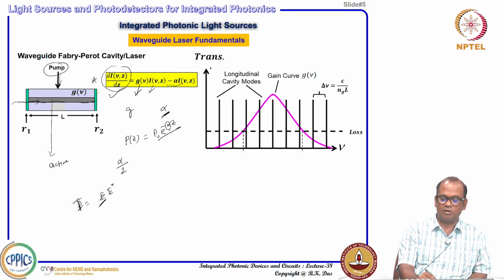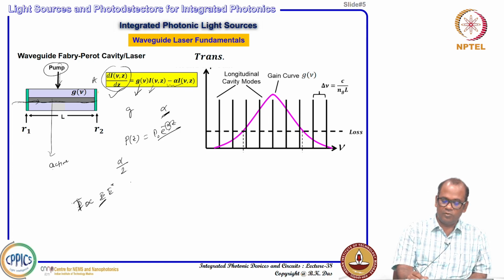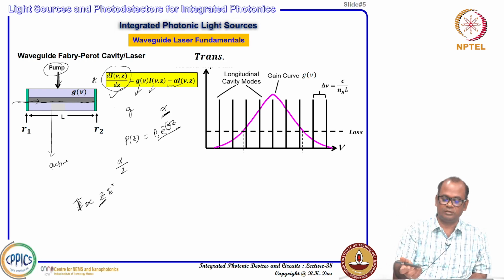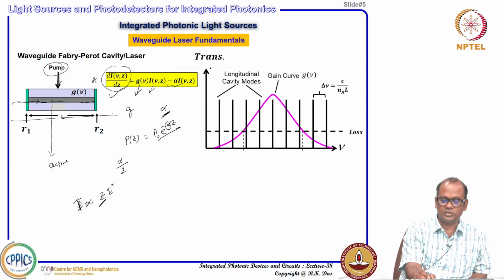So, the intensity loss coefficient can be alpha. Okay. So, we can write down the intensity evolution along the waveguide. Suppose we are considering this is the z direction, we can write like this.